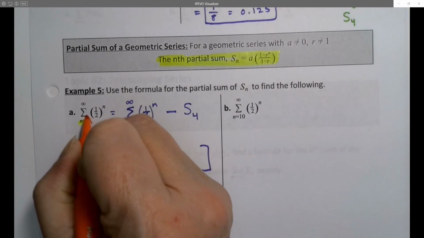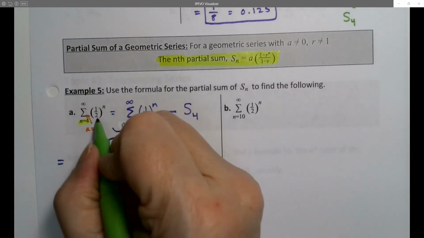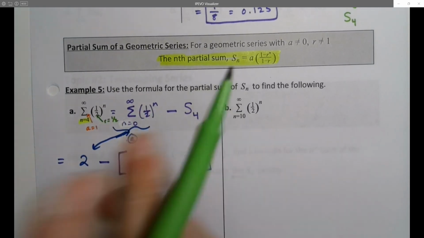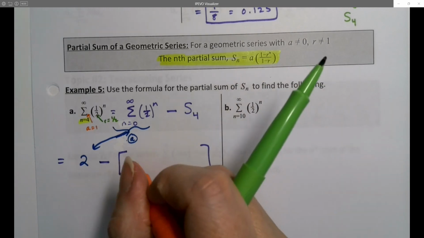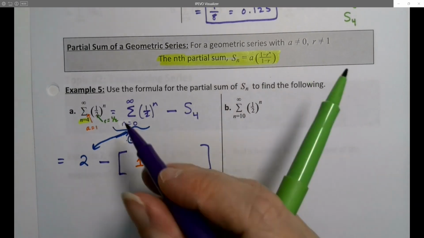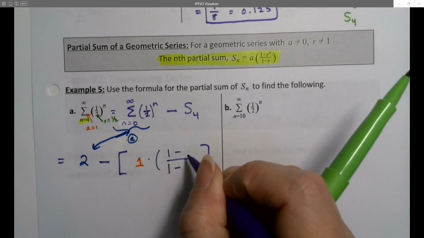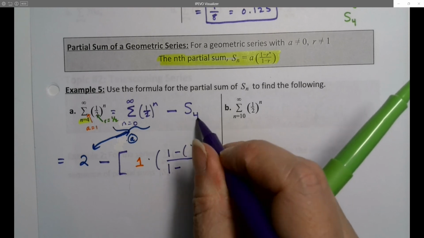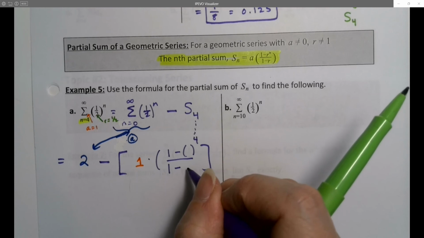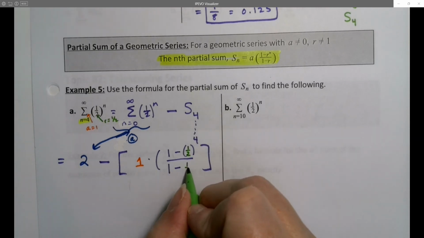A is still 1. R is still a half, right? That part hasn't changed. So I'm going to use that in the formula. So A, which is 1, times 1 minus, and then I'm going to take r to the n, which in my case is 4, over 1 minus r. So I'm going to take a half and a half.